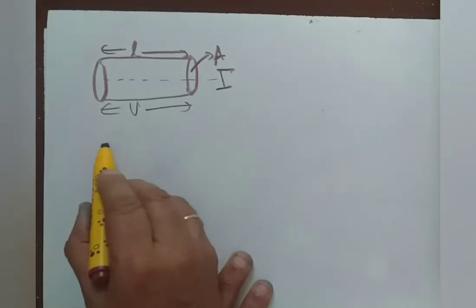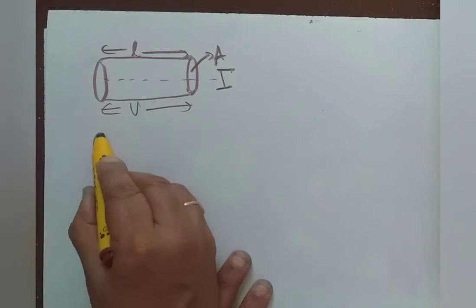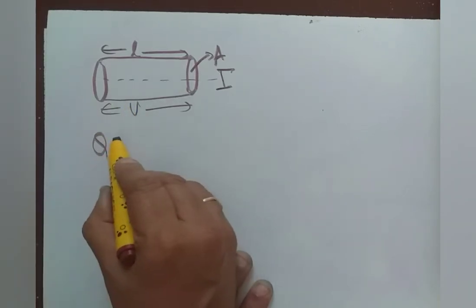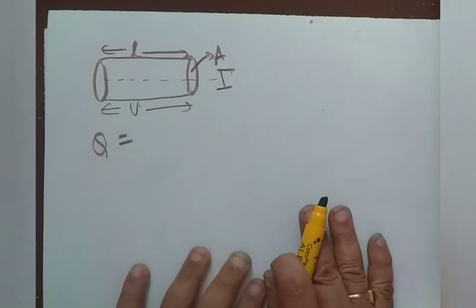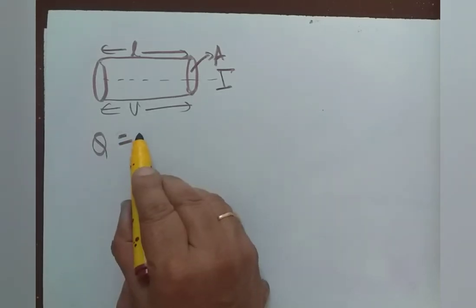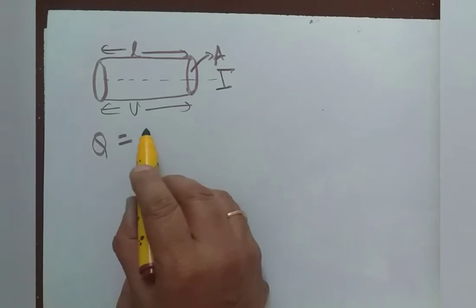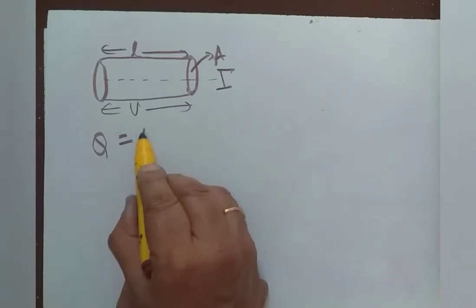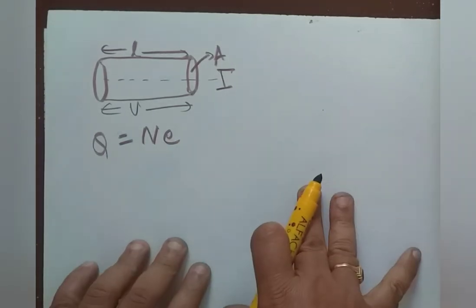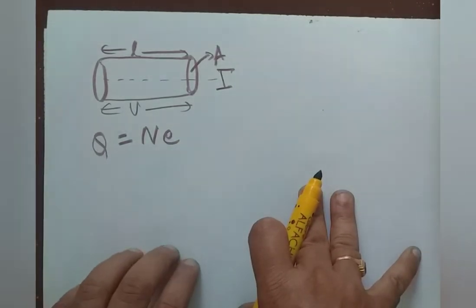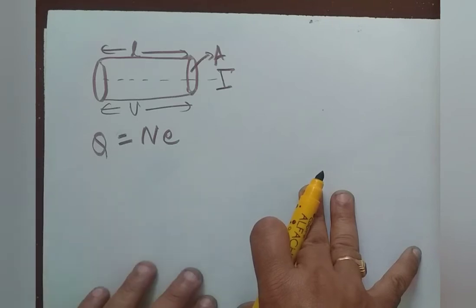For that we want to write the charge flowing through this in time delta t seconds. Charge flowing through this in delta t seconds can be written as, using quantization, n into e, where n is the number of free electrons constituting the current in this conductor.